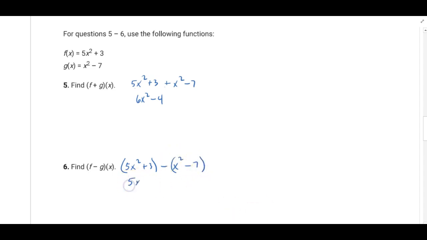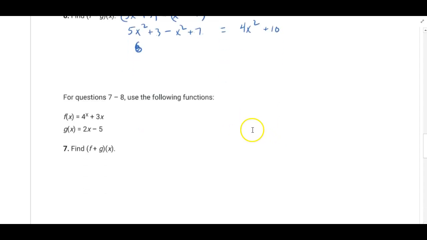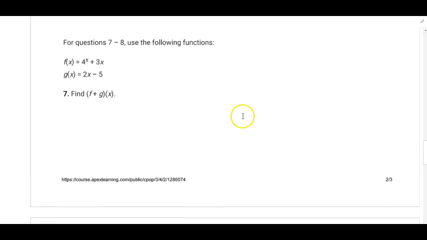When I distribute that minus sign, I'm going to get minus x squared plus 7, because a negative and a positive make a negative, negative and negative is positive. So 5x squared minus x squared would give me 4x squared. 3 plus 7 would be plus 10. Okay? Alright, then you get this one.